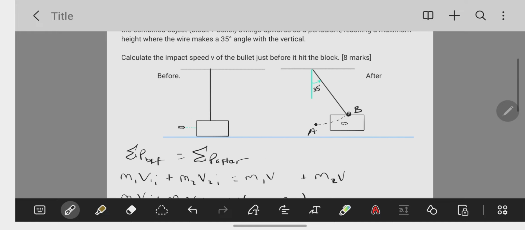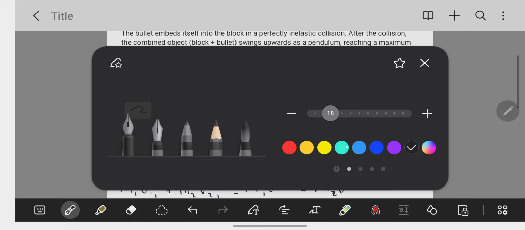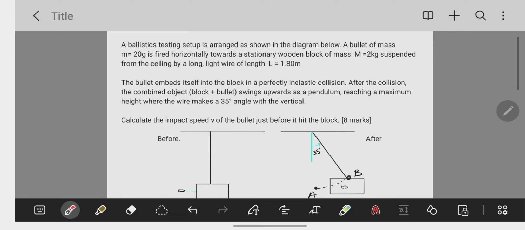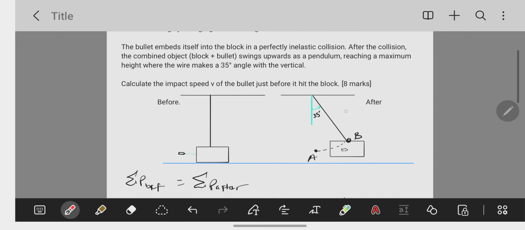What's the height over there? Now we need to use the length of the string. So we are given the length of the string is 1,8. So we know this is 1,8 meters. Now this means this length here is also 1,8.